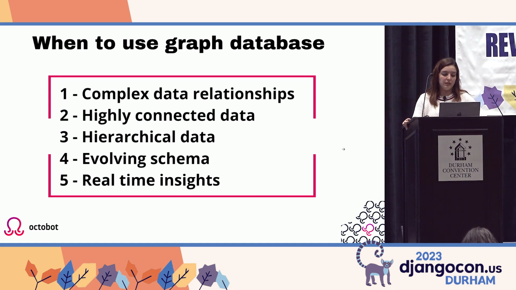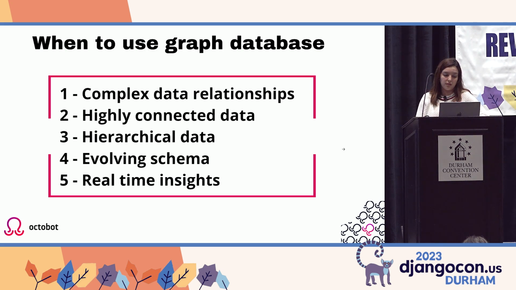Another example could be highly connected data where the degree of connectedness is very large. Hierarchical data, when, for example, we have a self-foreign key, and it could be difficult if we try to do a lot of joins. Then evolving schema, if our data structure is not well defined yet, and we may suffer some changes in the future.